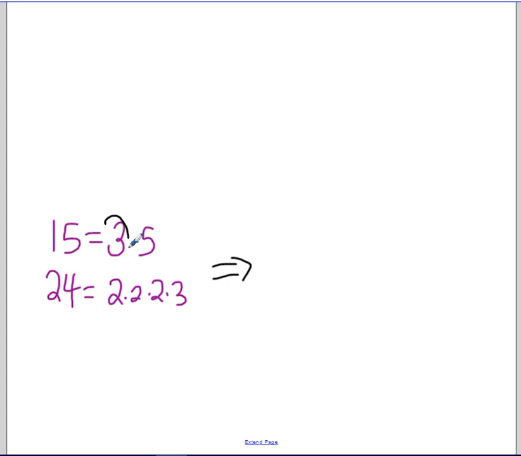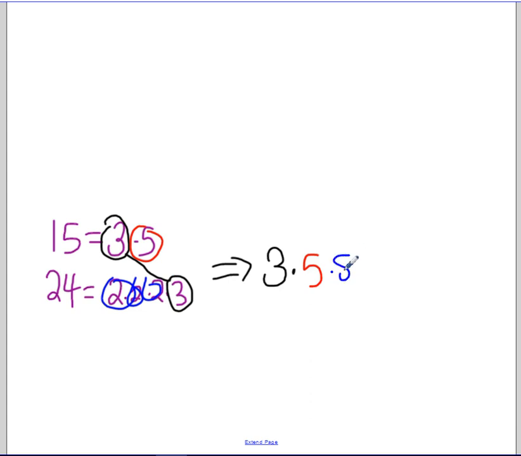They only have a 3 in common, but since they're in common, we can kind of double them up. We only need one 3 in our answer because it would cover both of them. And then we see what's missing or what's left from our 2 denominators. Here we have a 5, so we need to include that. And then here we have our 2's. So there we're adding 2 times 2 is 4, times 2 is 8.